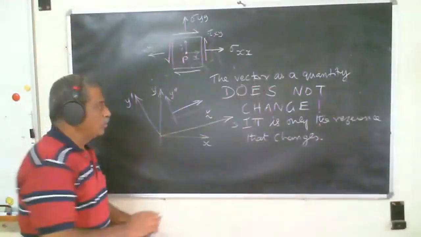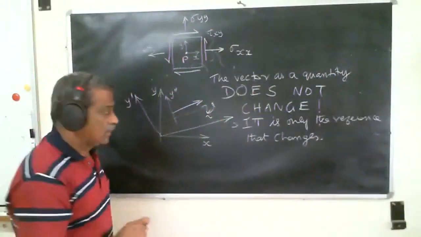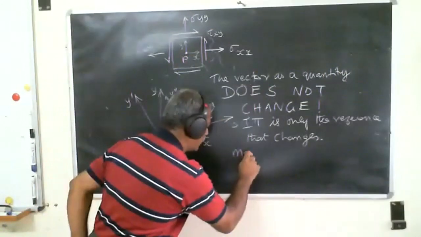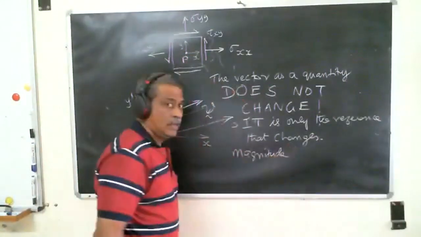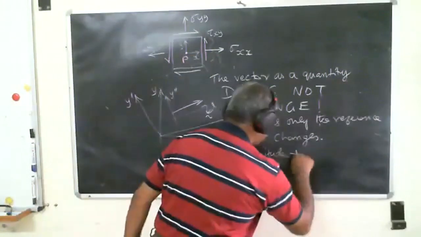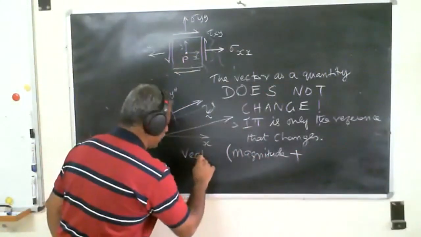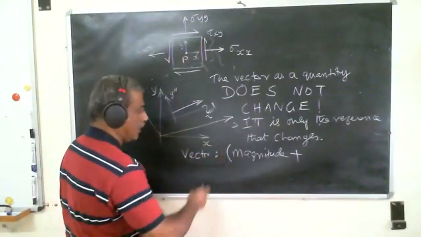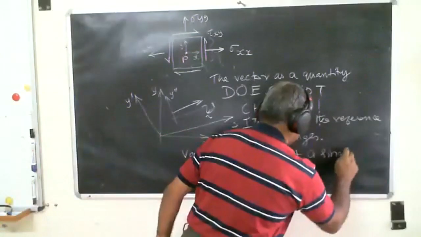Another thing that I know about this vector V is this vector is a magnitude, a Euclidean magnitude, plus, this is how I describe a vector, a magnitude plus a single direction.